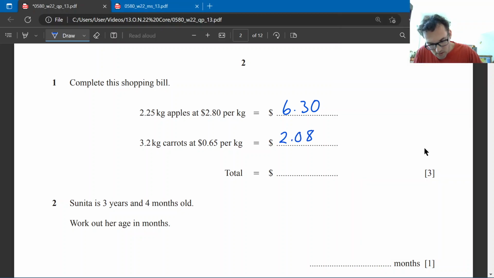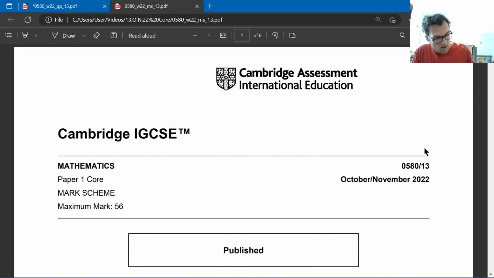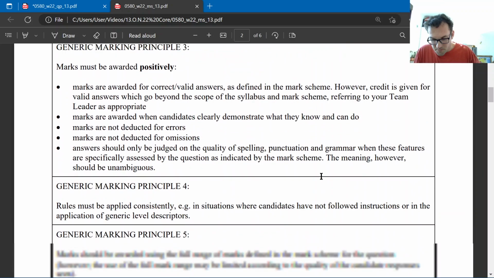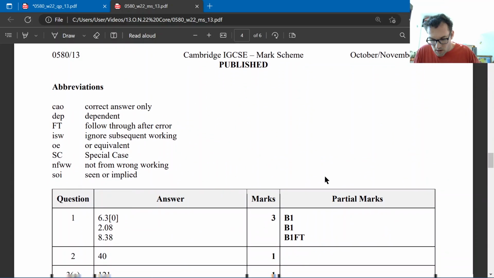Then we just add it together, so it will be $8.38. Pretty straightforward. Let's check the mark scheme.